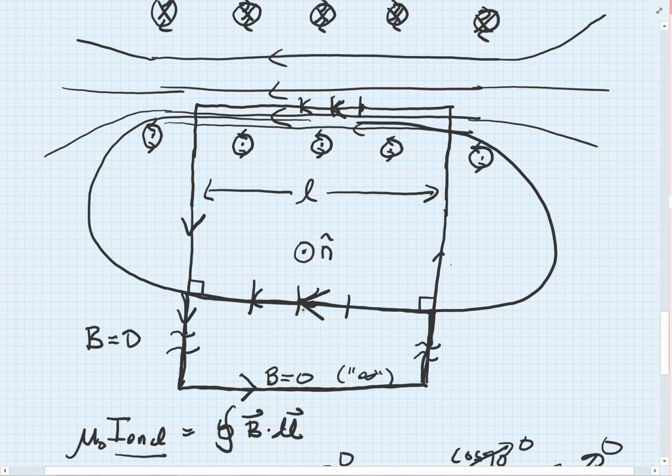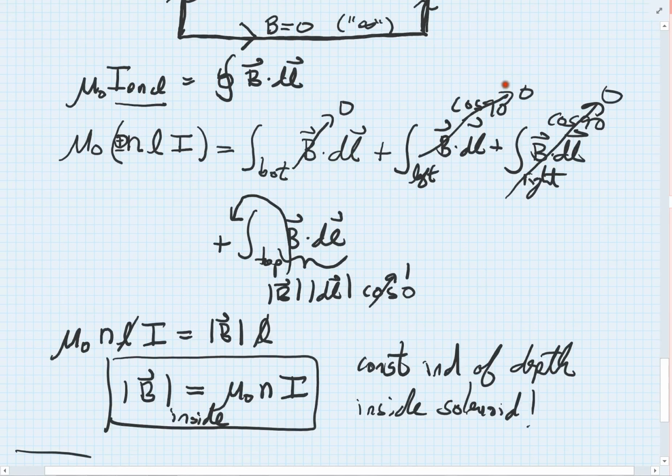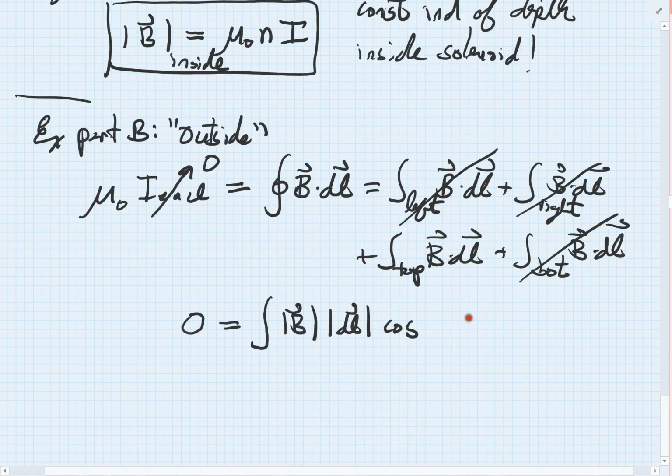But my fluid model tells me, well, outside the solenoid, the fluid that's been pumped through the center of the solenoid is going to be returning back around the outside. So those are actually at 180 degrees. It's not going to matter that much since we've got 0 on the other side of the equation, but it's good to get these things properly. And the cosine of 180 degrees gives us -1.